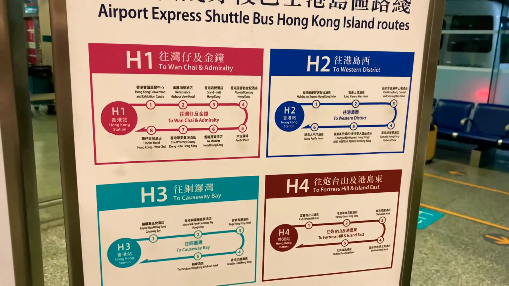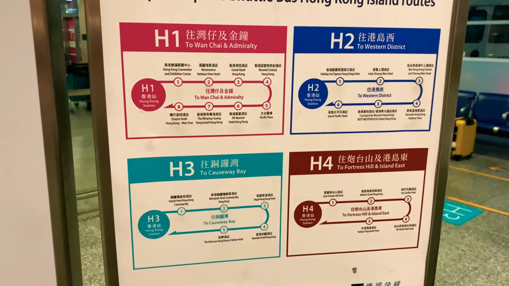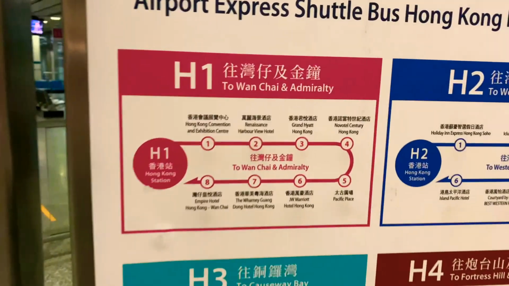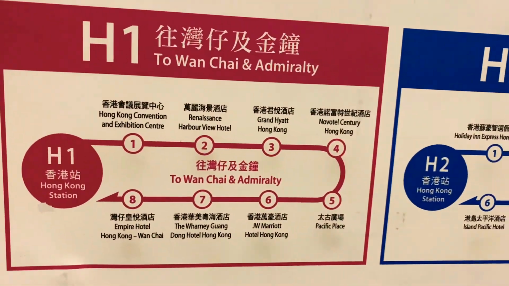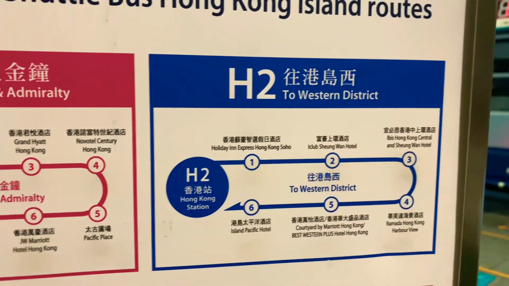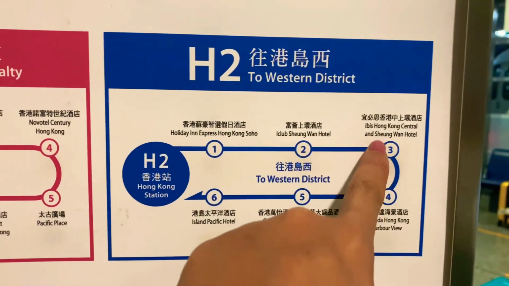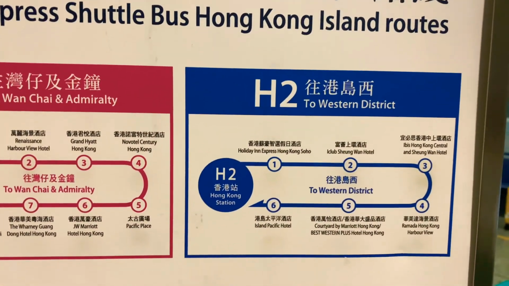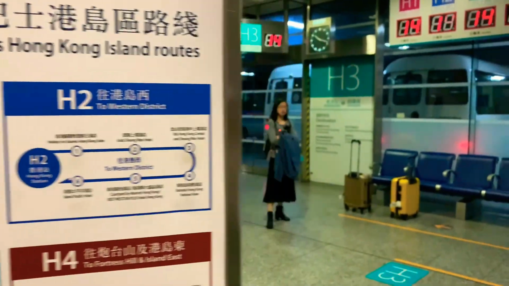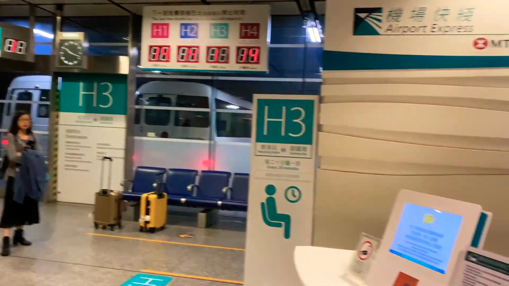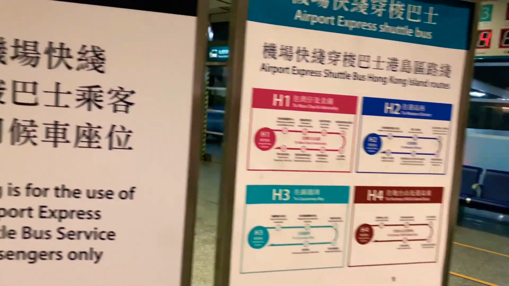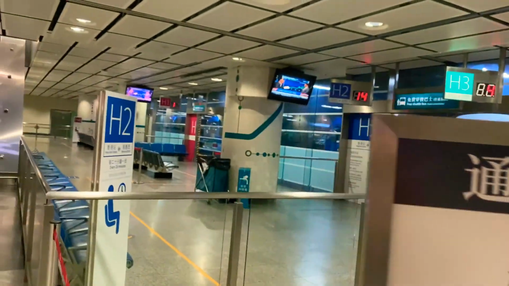So this is the chart, and you can see these are the hotels. So this is my hotel. So the stations are there. There's H2, H3, and H1.